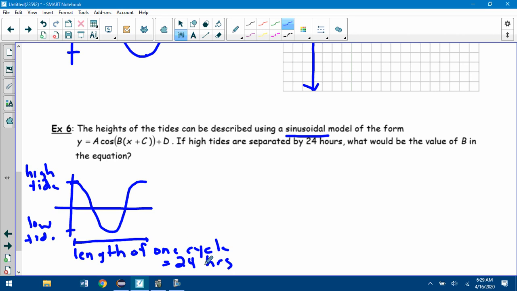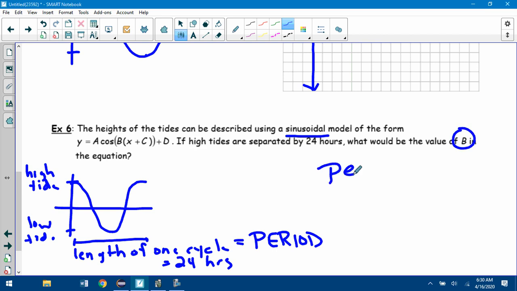So what are they telling you about? If they're telling you the high tides are separated, if they're telling you the length of a cycle is 24, what word means the length of a cycle? Period. And they want you to find the value of B. Well, that's pretty easy then.